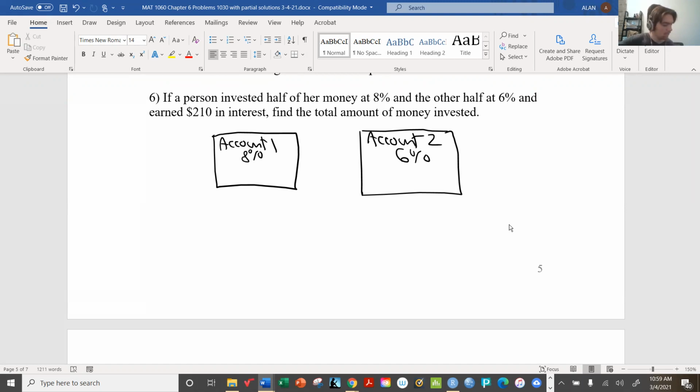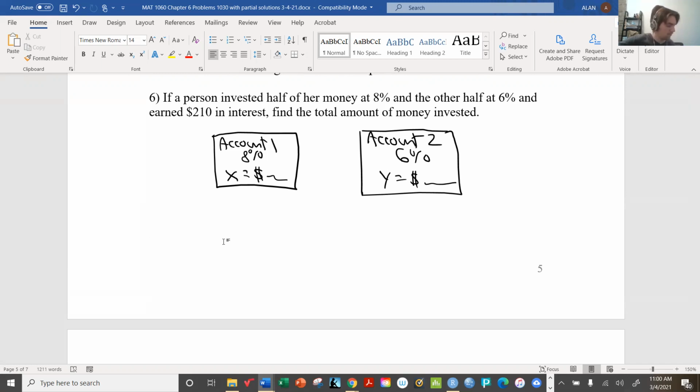So we'll call this one x, but we don't know. We're figuring that out. y is also so many dollars. And what we're being told is two things. Number one, half our money went into each account.